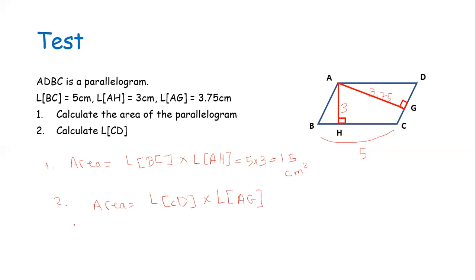And here the area from the first answer is 15, equal to the length of CD, which we want to find, multiplied by the length of AG, which is 3.75. And this gives us the length of CD is 15 divided by 3.75 centimeters.